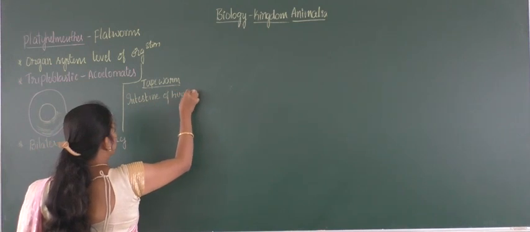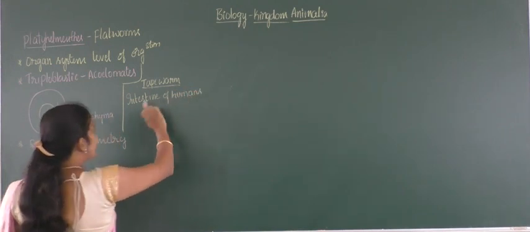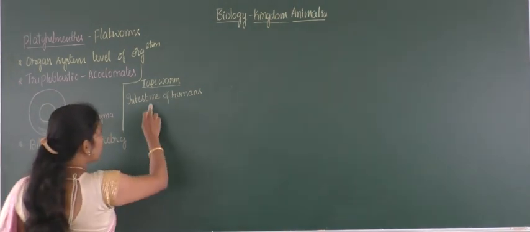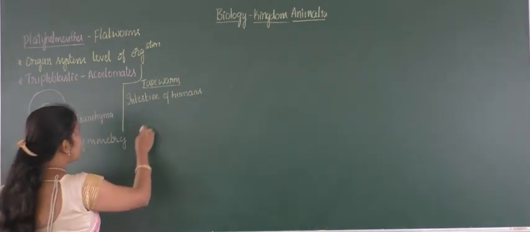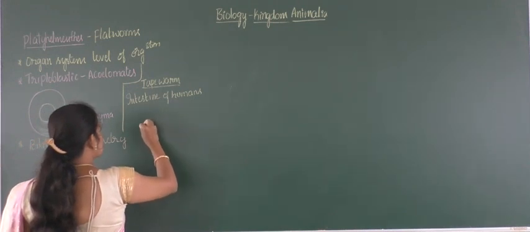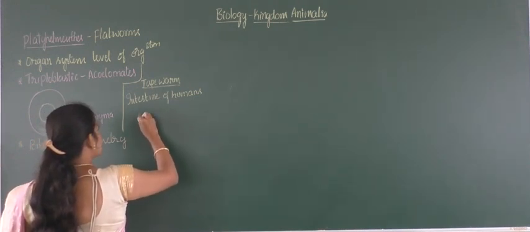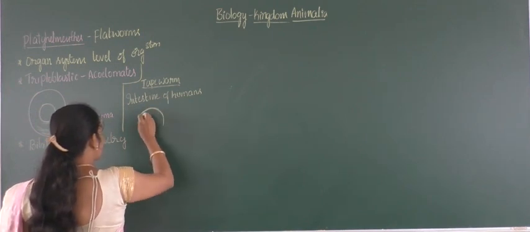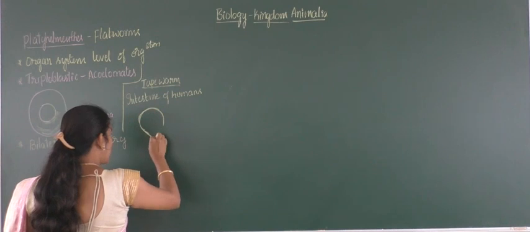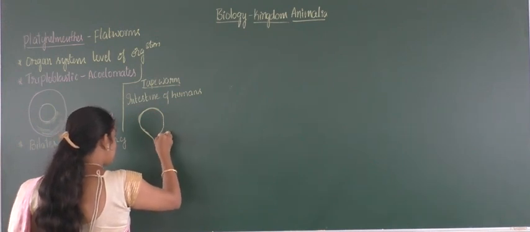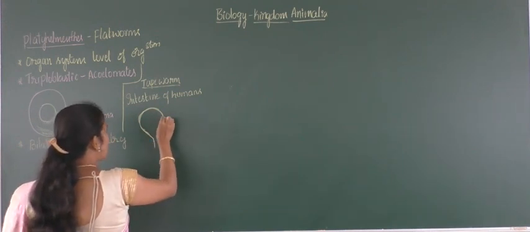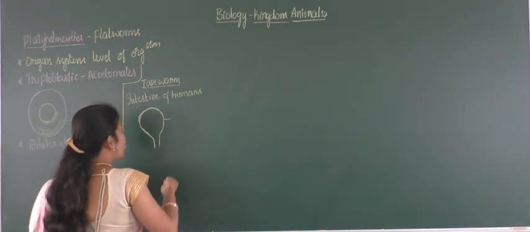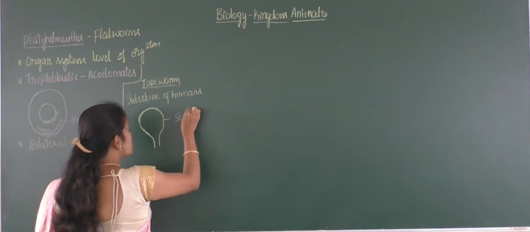We will discuss the properties within 5 minutes, but we will draw the diagram to understand the bilateral symmetry. There will be a head region, with a cephalization process, and later a narrow tube-like structure extending from the head region. This is a head-like structure, which is called a scolex.